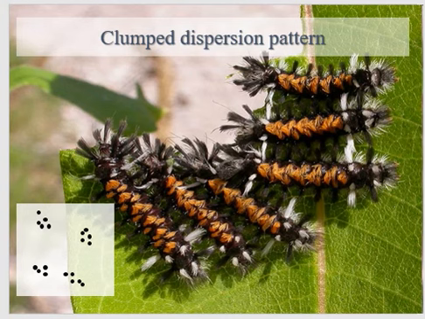Now, clump dispersion, this is where you have pockets or little groups of individuals clustered throughout favorable habitats. So it's almost like you have small subcolonies, per se, of a whole population.